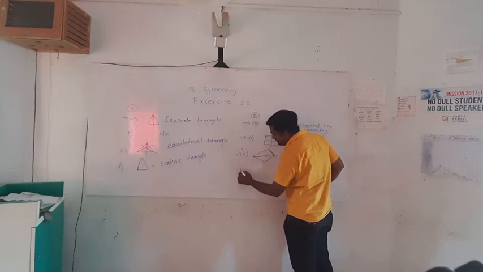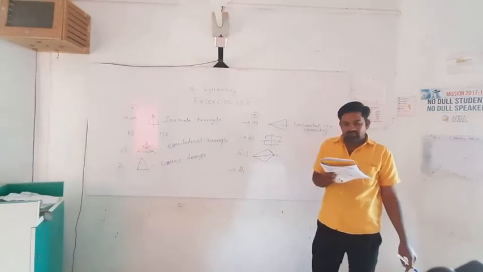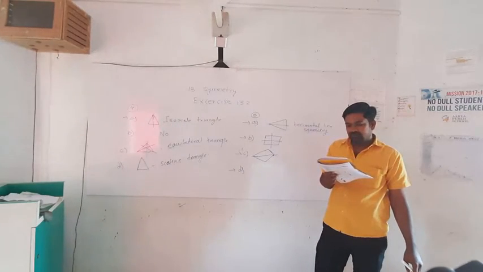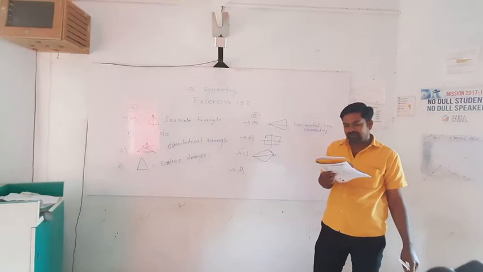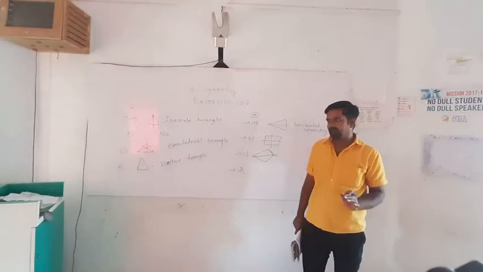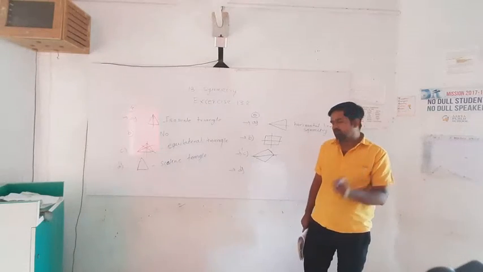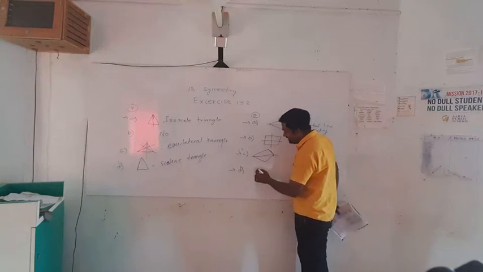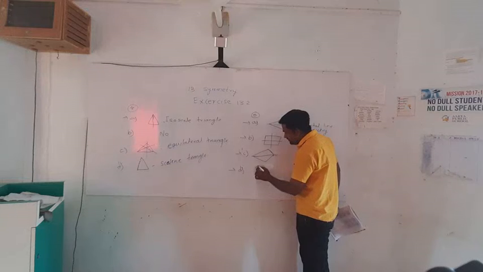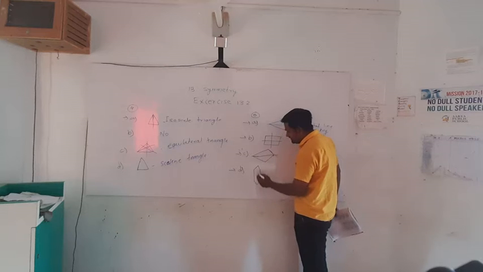In question D, a hexagon with exactly two lines of symmetry. It means you can draw a hexagon, a 6-sided figure, with only two lines of symmetry, one vertical and one horizontal. It means here all 6 sides come out different. 1, 2, 3, 4, 5, 6.